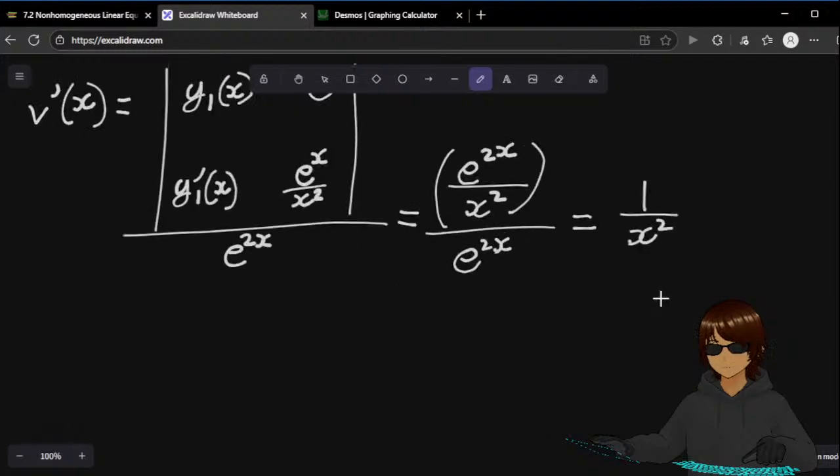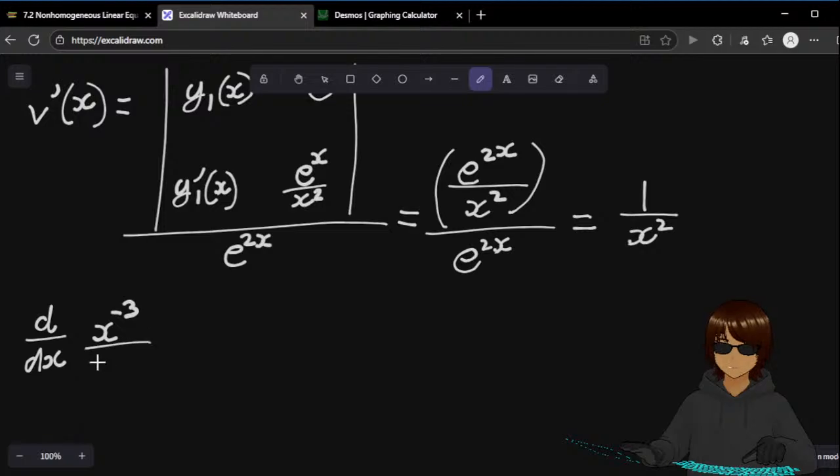One over x squared. So now let's say derivative is x minus 3, negative 3. I will end up with x minus 2, which is what the derivative of v is.